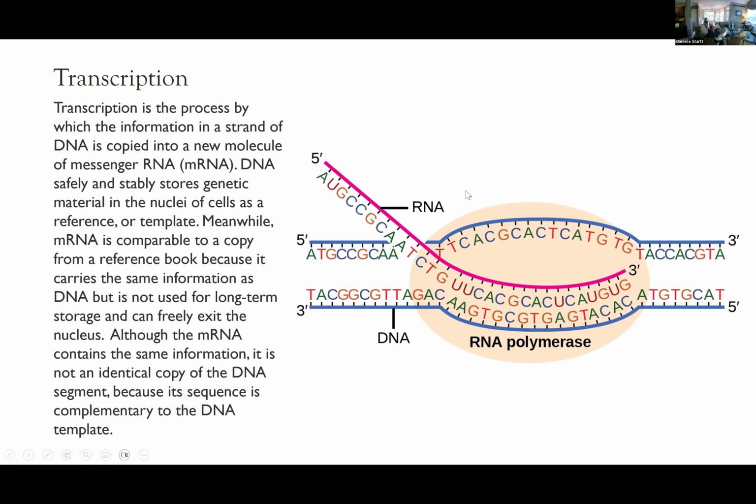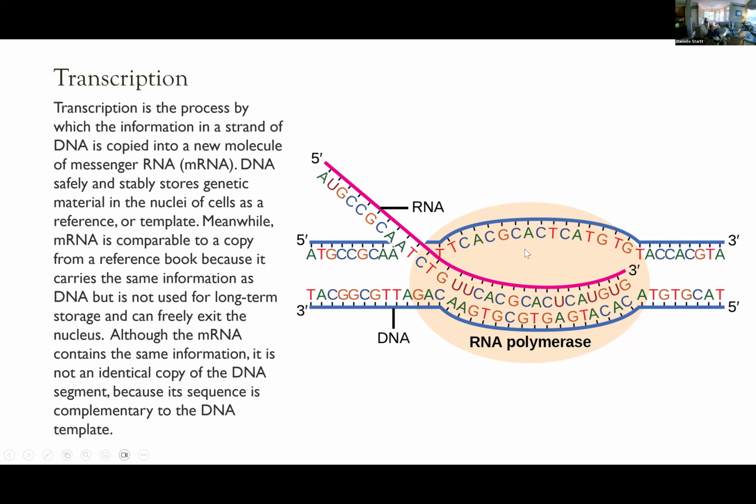DNA safely and stably stores genetic material in the nuclei of cells, as a reference or a template. Meanwhile, mRNA is comparable to a copy from a reference book because it carries the same information as DNA, but is not used for long-term storage and can freely exit the nucleus. Although the mRNA, or messenger RNA, contains the same information, it's not an identical copy because its sequence is complementary.